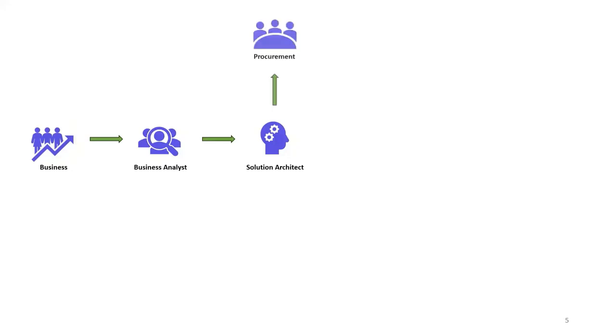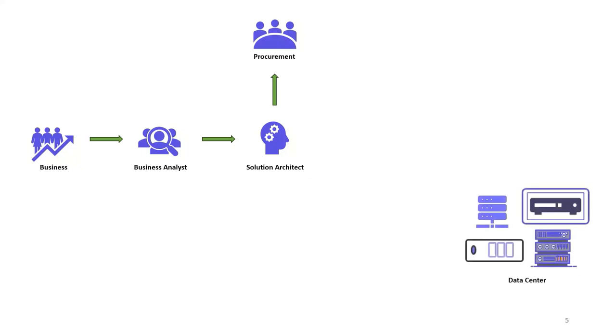If it is not available, they have to buy or purchase it from some vendor. If they have to purchase it, there will be a procurement team. So this is the company's data center. We call it a data center.